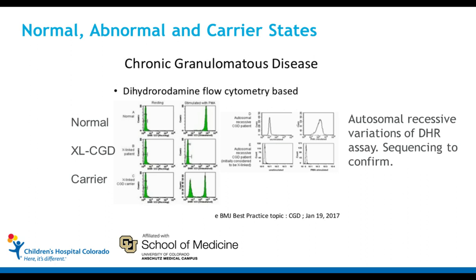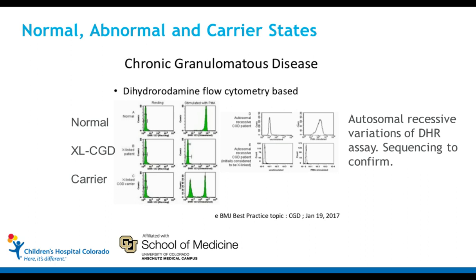So let's take a look at some plots published in 2017 for chronic granulomatous disease. On the left-hand side, we see the top histograms showing a normal response. The resting cells show very little activity. The stimulated cells show a nice peak once oxidative burst occurs.